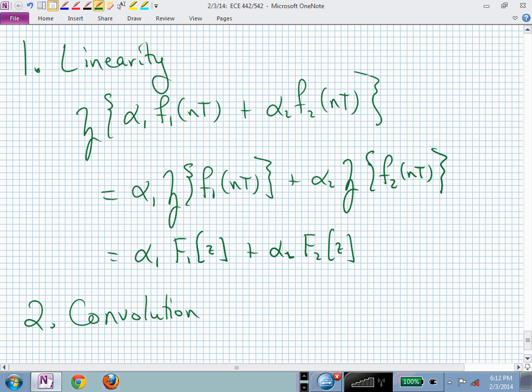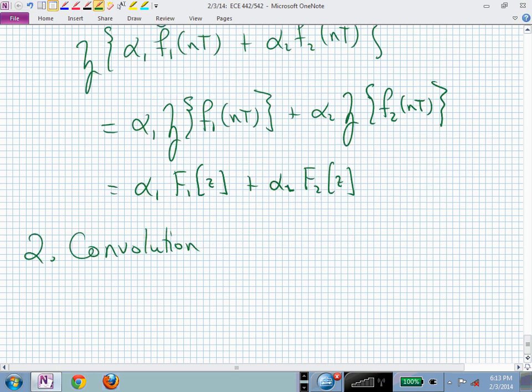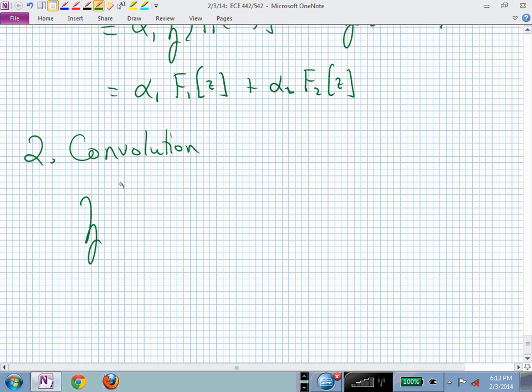Convolution. Everybody's friend, right? That still exists in the discrete time setting, which means that if we take this particular combination, again, we flip and slide on the arguments.